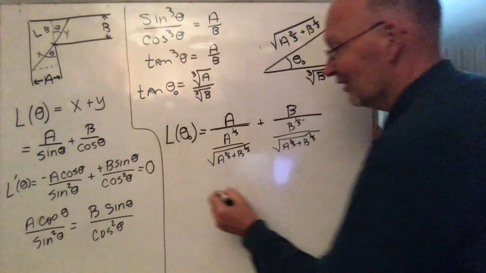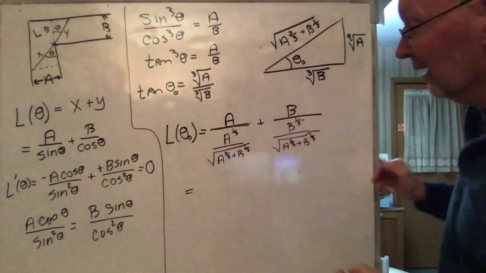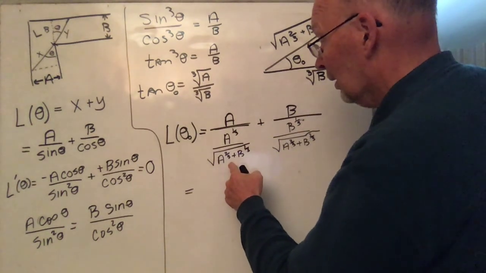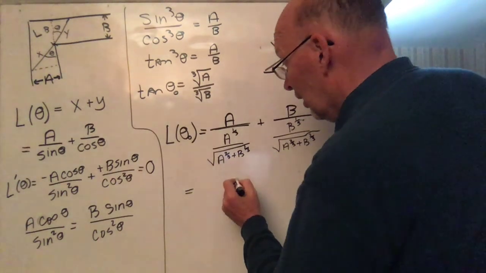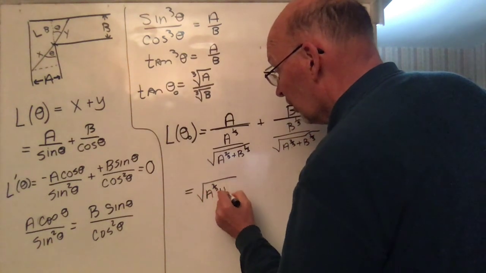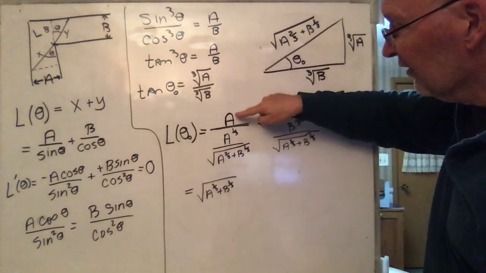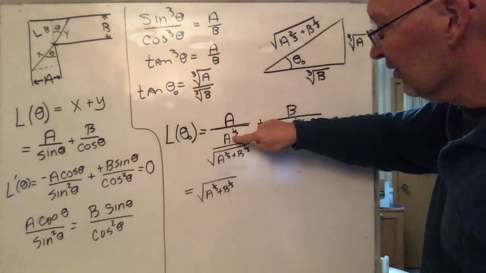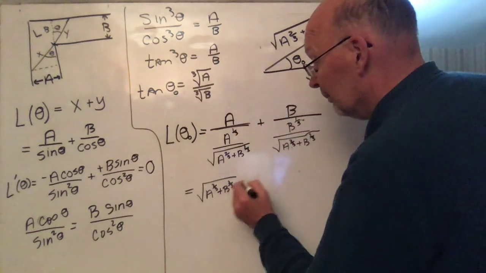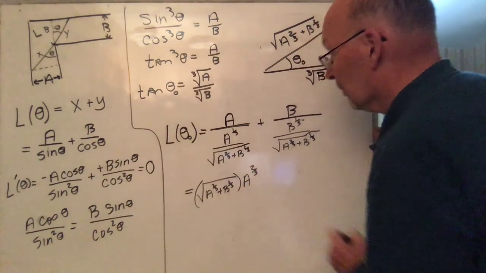Now, this just gets the coolest thing in the world. I can flip this up, and it's going to become the square root of a to the 2/3 plus b to the 2/3. That gets flipped up, and then I still have a divided by this. a to the first power divided by a to the 1/3 is going to be times a to the 2/3 power.